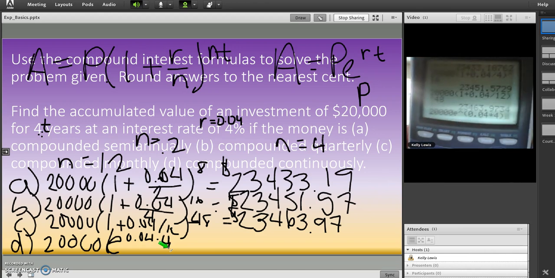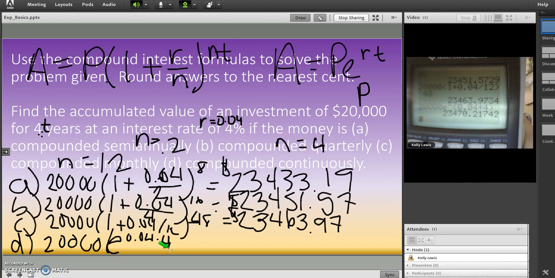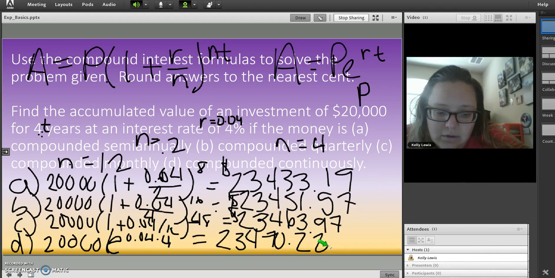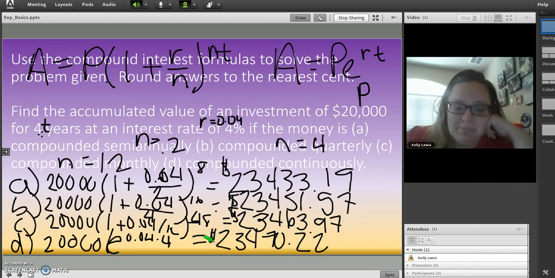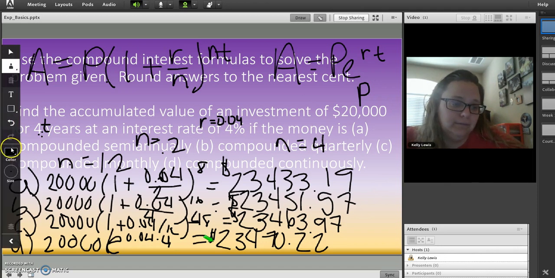Make sure you do parentheses. We get 23,470. So the biggest number is this continuous one, just by a little, but it is the biggest number.